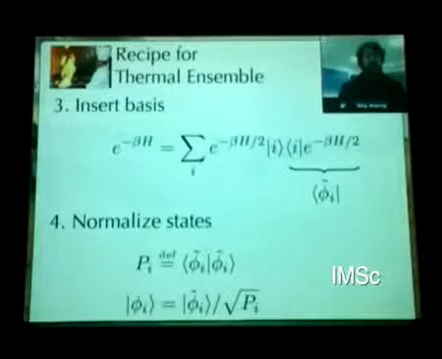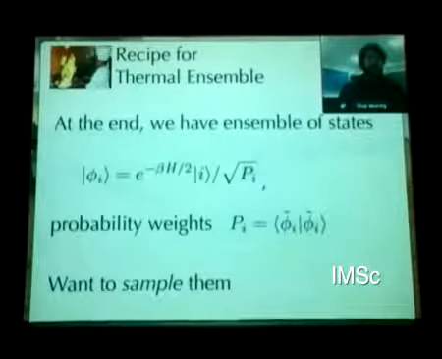But you have to normalize the states. The states don't have to be orthogonal to each other, but they do have to be normalized. And normalizing actually gives you these weights p I. So at the end, the idea is that you normalize the states, e to the minus beta H over 2 applied to your basis states I. Once you normalize them, that gives you p I. And it's easy to show that if you sum up the outer products of the phi I weighted with the p I, it recovers the density matrix.